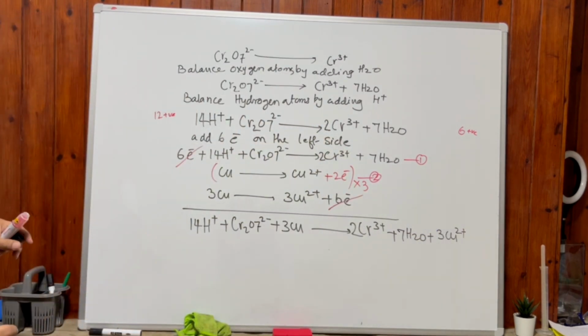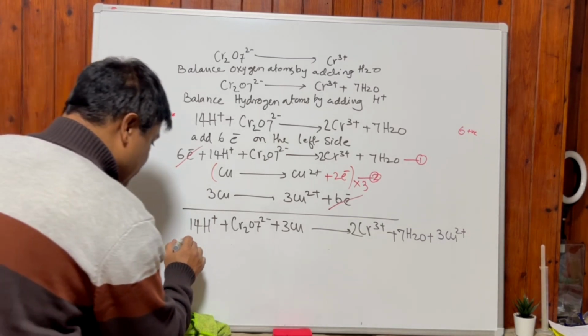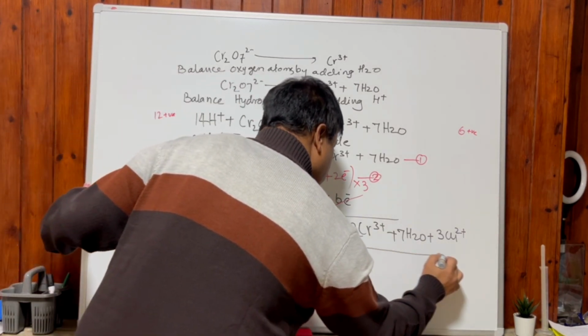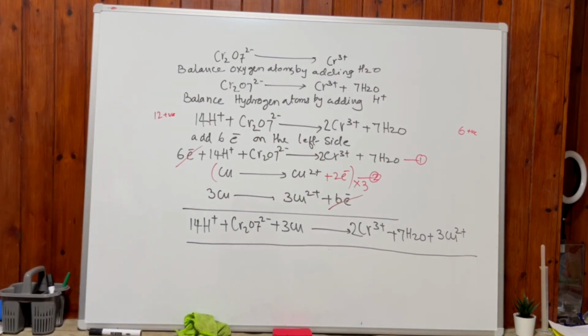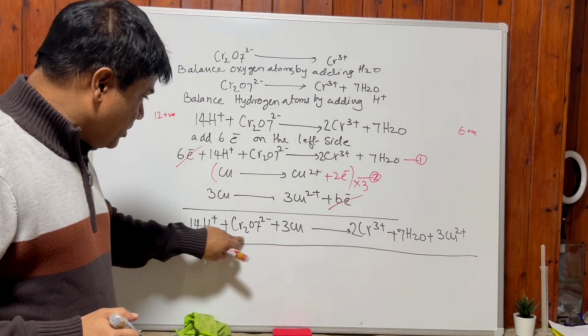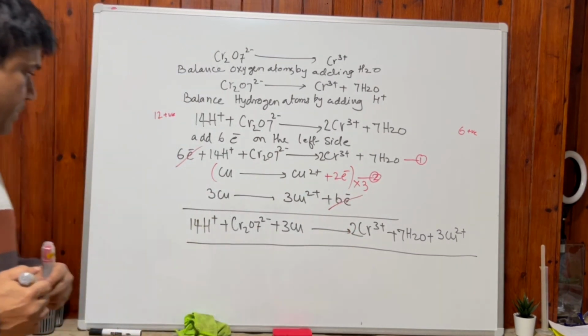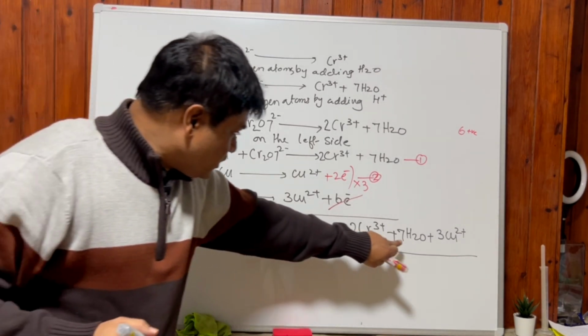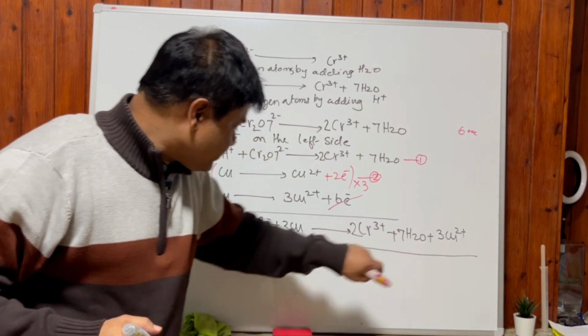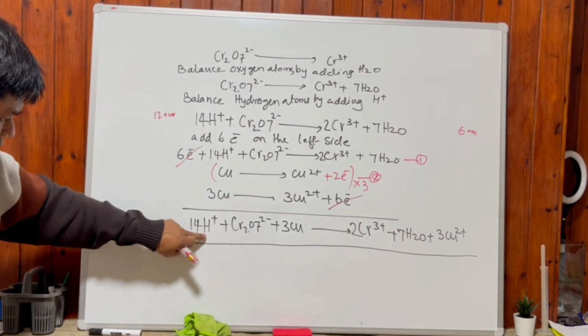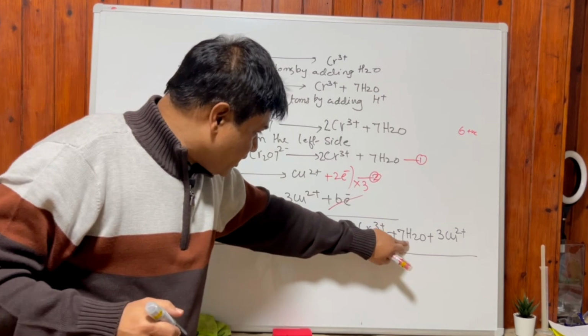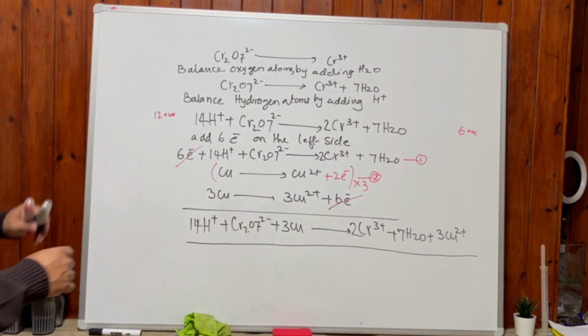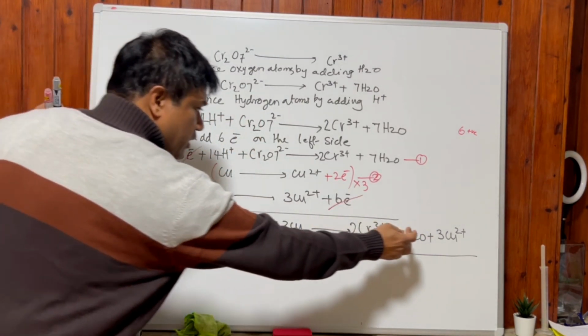Let me check whether everything is balanced. How many chromium? 2 chromium, 2 chromium, balanced. How many oxygen? 7 oxygen atoms on this side, 7 oxygen atoms on that side. How many hydrogen? 14 hydrogen atoms, 7 times 2, 14 hydrogen atoms. How many copper? 3 copper, 3 copper.